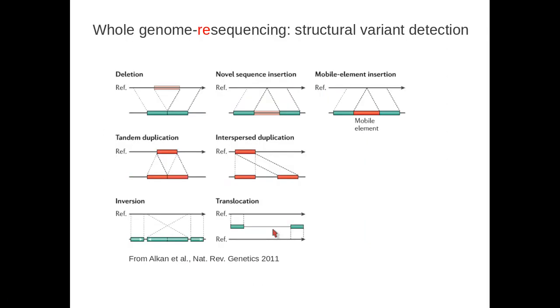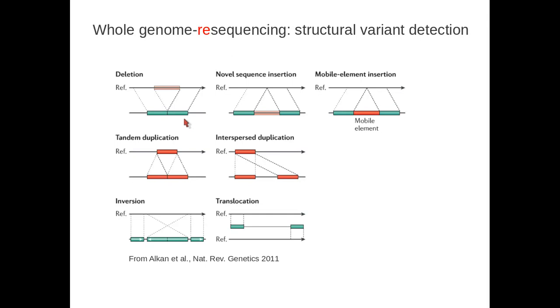Another whole genome resequencing application is structural variant detection. SNPs are one form of variation that obviously forms one significant area of next generation sequencing analysis, but another significant area is detecting these chromosomal events that we call structural variants.